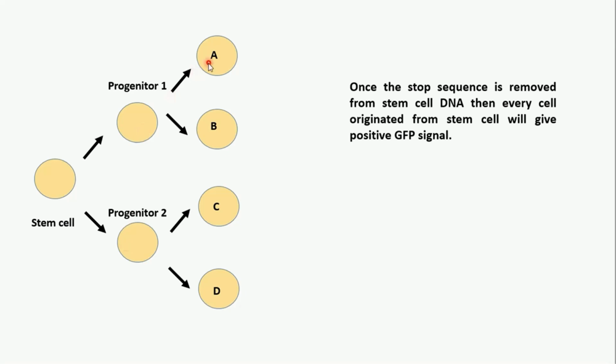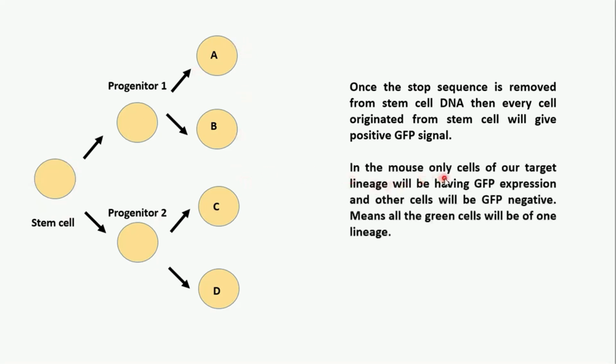Then progenitors give differentiated cells, which also don't have the stop sequence because it was removed in the stem cell, so they will also become green. Now in the mouse, only cells of our target lineage will have GFP expression and other cells will be GFP negative. Means all the green cells will be of one lineage, that is our target lineage.